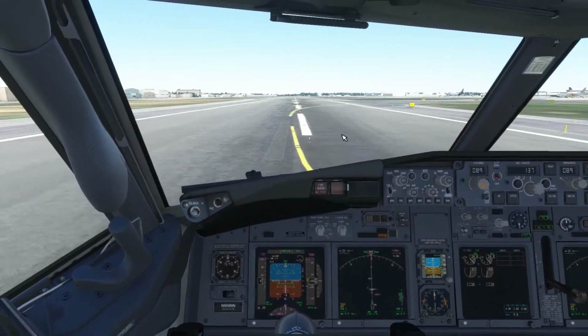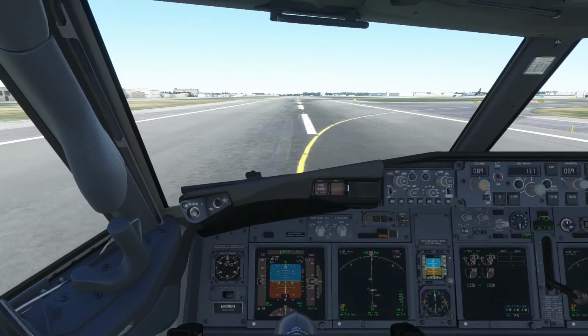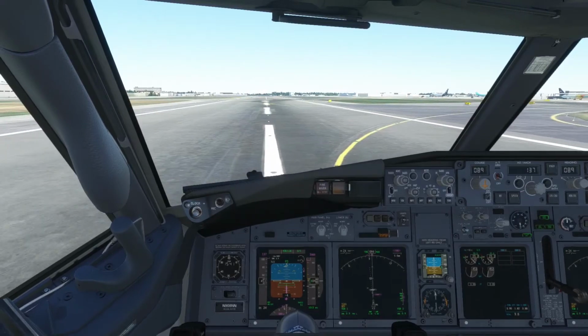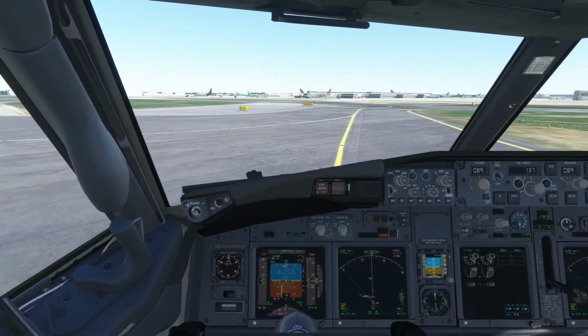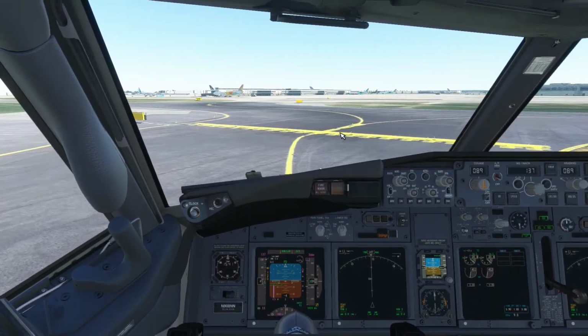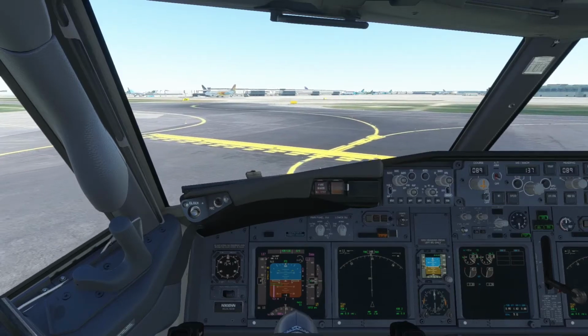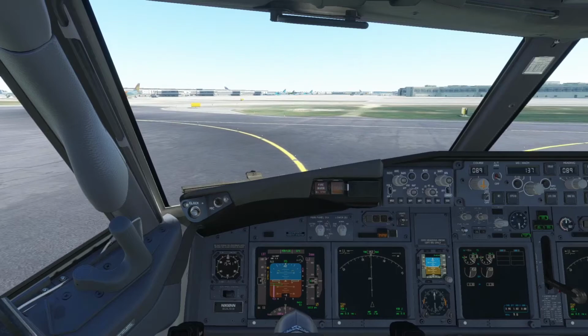The manual braking, we've gone past 16 now, so we'll turn off the reverse thrust and we'll exit the runway. And there you go, that is ILS approach and landing in the PMDG Boeing 737.